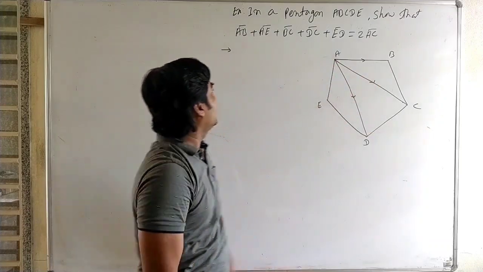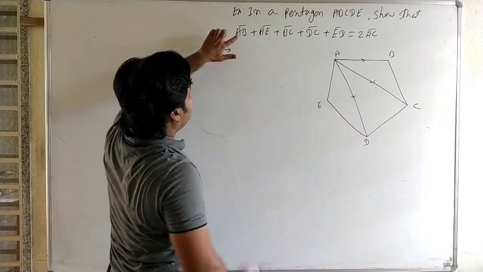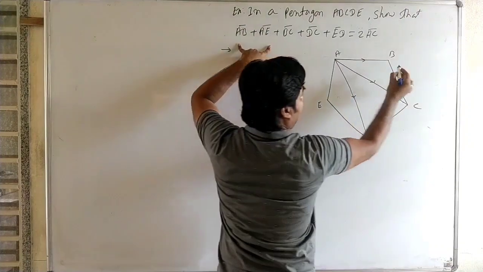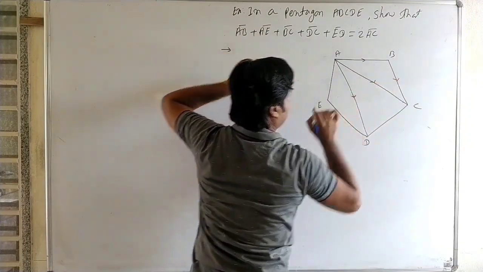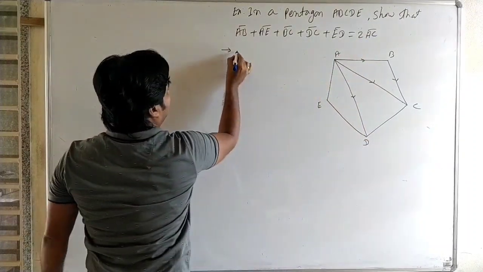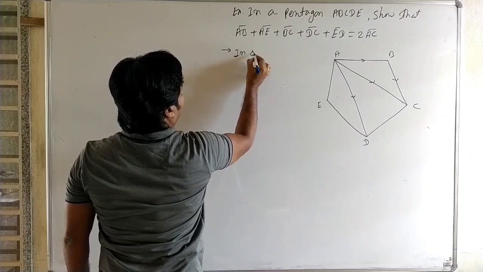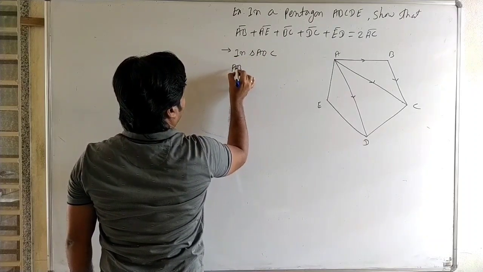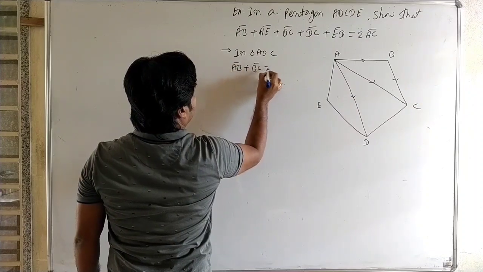Now here AB plus BC, AB and BC becomes AC. In triangle ABC, AB plus BC is equal to AC.